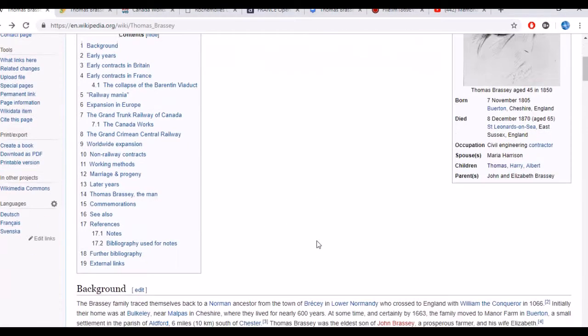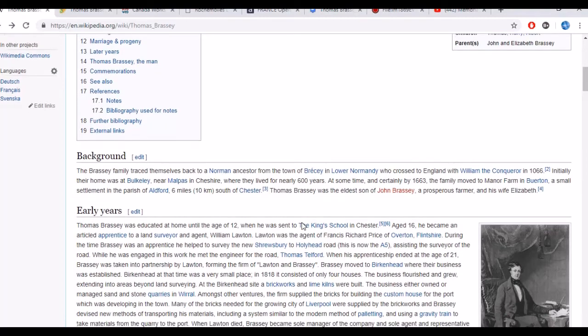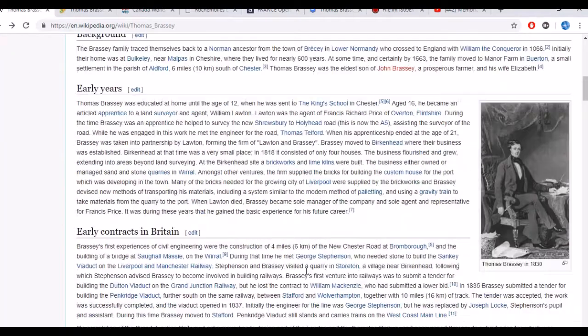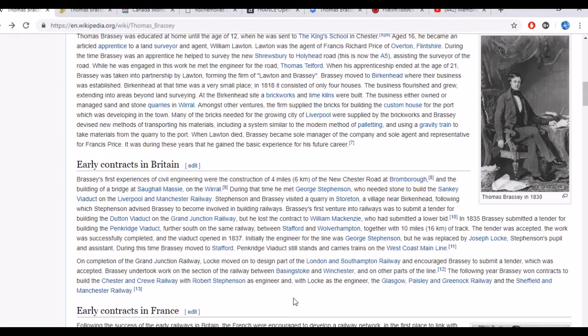And he was educated at home. Then he went to the King's School in Chester, and then aged 16 he was an apprentice to a land surveyor called William Lawton, and before too long he was taken into partnership, moved to Birkenhead, and then before long he was building aqueducts. He was building aqueducts, and then he became the sole manager of the company, and off he went. He just became Superman, absolutely Superman.